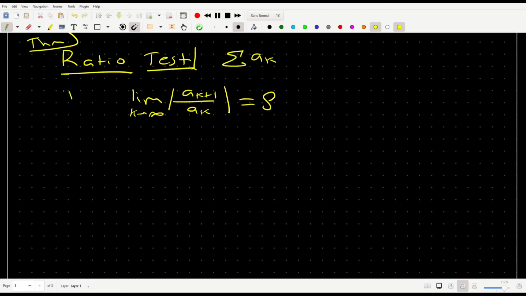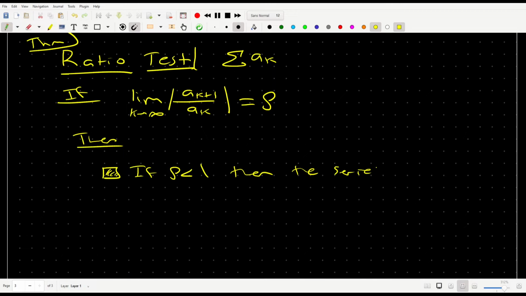So if this is the case, then we have the following results of the ratio test. The first one is that if rho is less than 1, then the series converges absolutely, or is absolutely convergent.